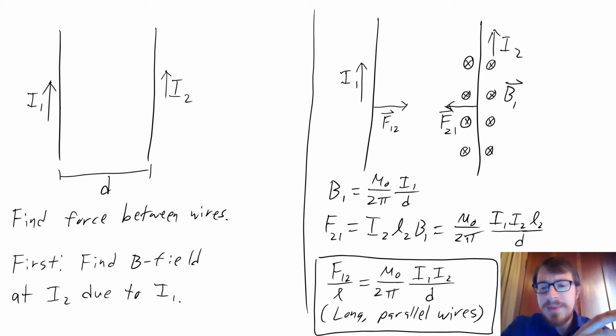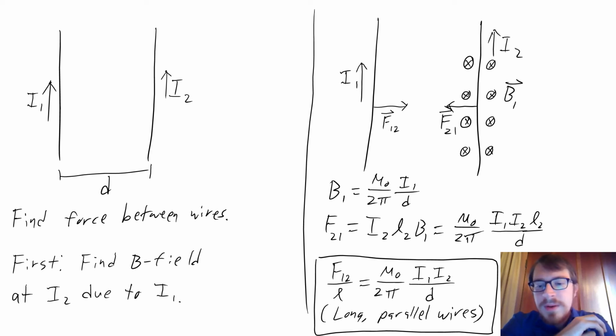And we can do just the same thing to figure out the magnitude and direction of the force on current 1 due to current 2. We don't really need to, because we have Newton's third law, which tells us that whenever one object exerts a force on another, the second object exerts a force back on the first with the same magnitude in the opposite direction. So we know that the force on current 1 due to current 2 is going to have the same magnitude, but it's going to be in the opposite direction.